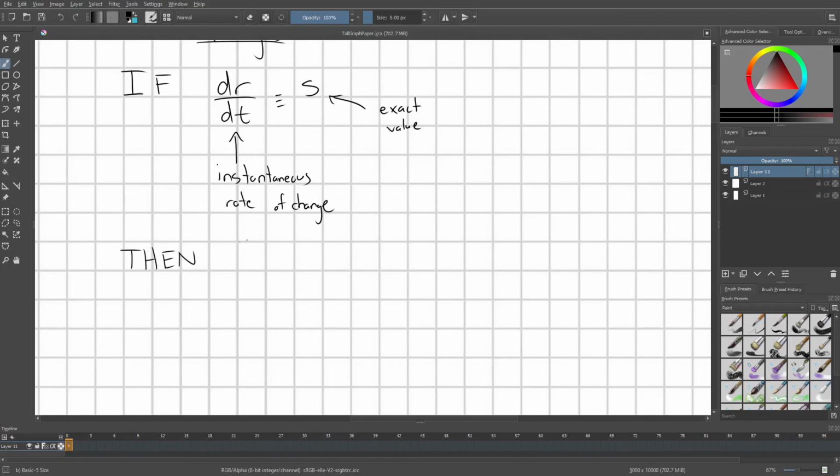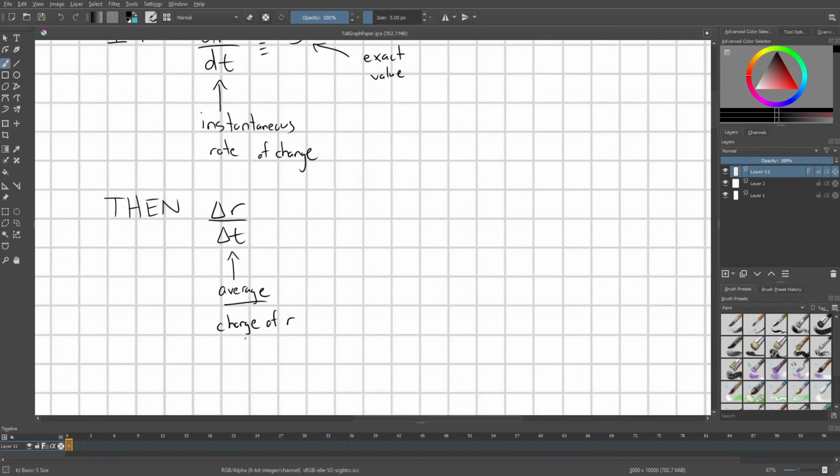So if we set up a situation like this, then delta r over delta t is now an average rate of change of r with respect to t.